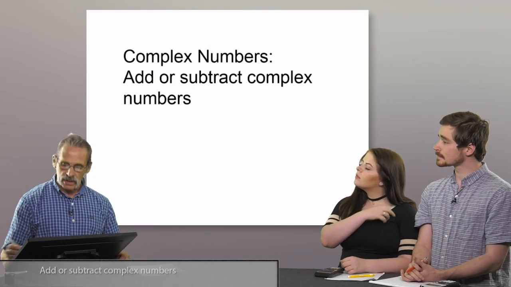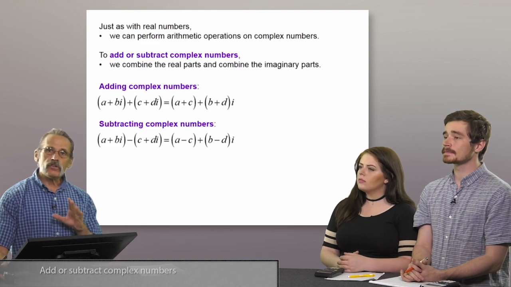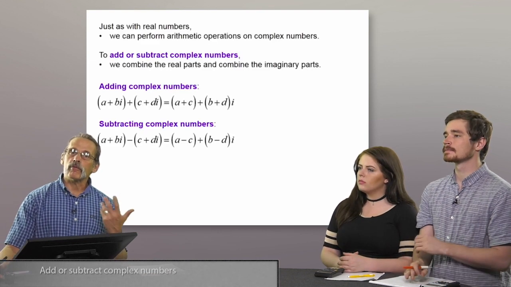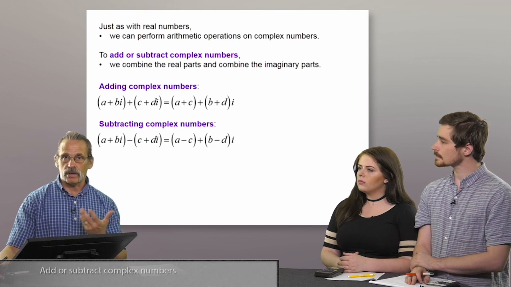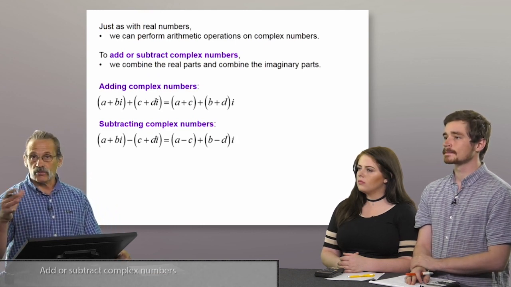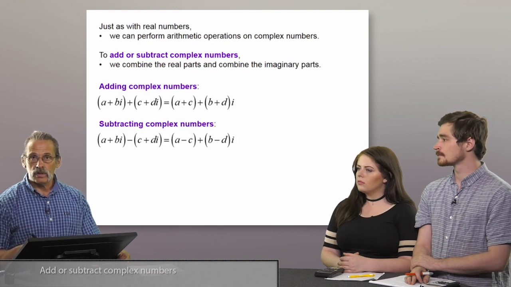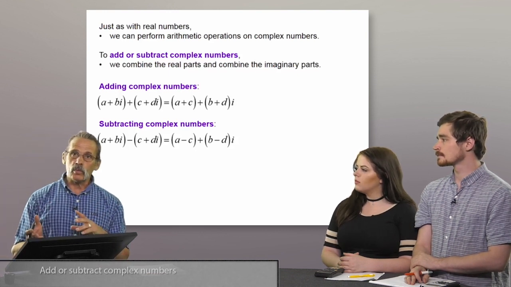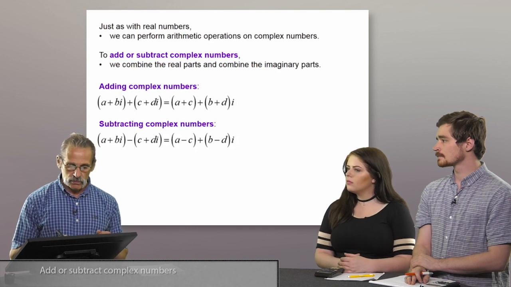Add or subtract complex numbers. Just like with real numbers, we can perform our calculations with complex numbers. The way we do this is, if we're adding or subtracting complex numbers, we will add the real components and we'll go ahead and add the imaginary components.